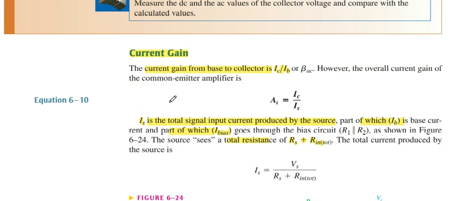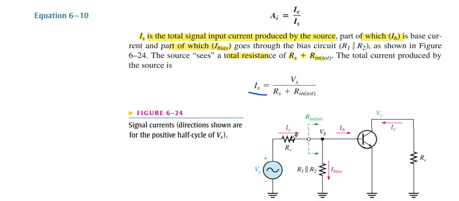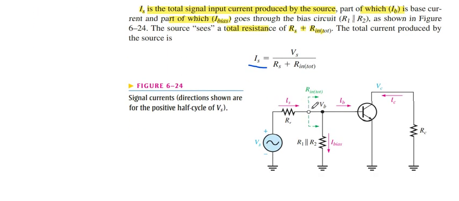Now current gain. This is the simple current gain: output current divided by input current. Input current is IS, and output current is IC. There it tells us IS is the input current which passes through the circuit and reaches the VB point, at this point.